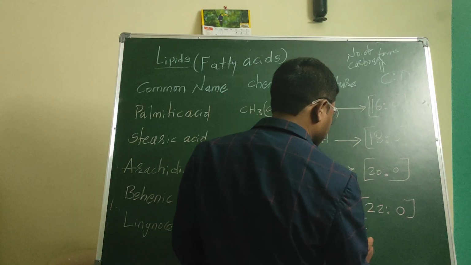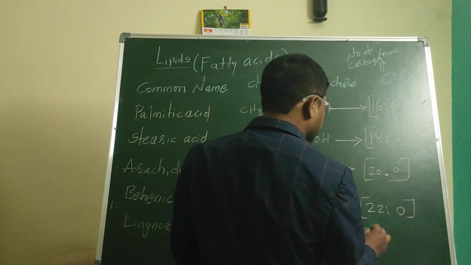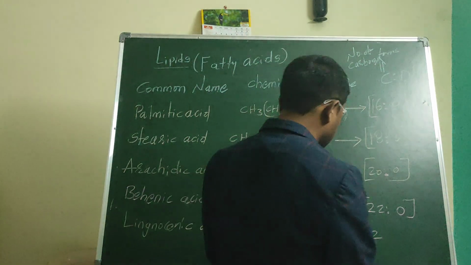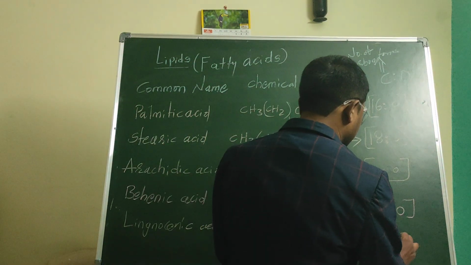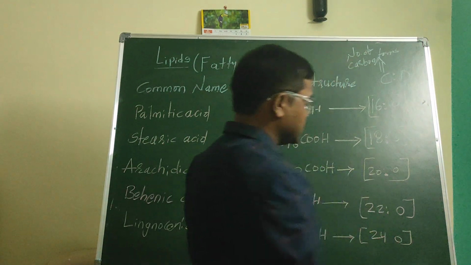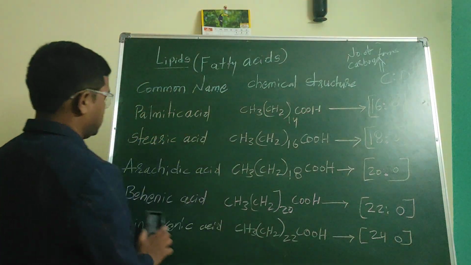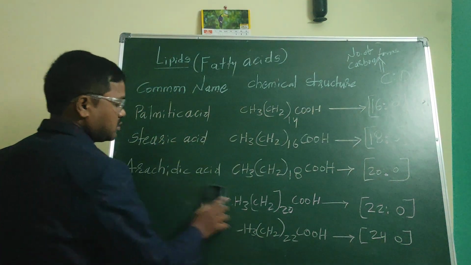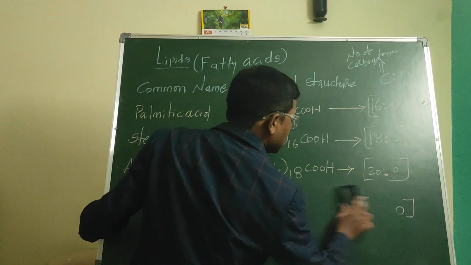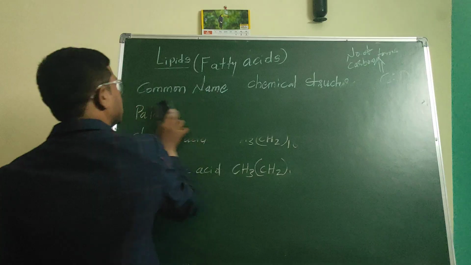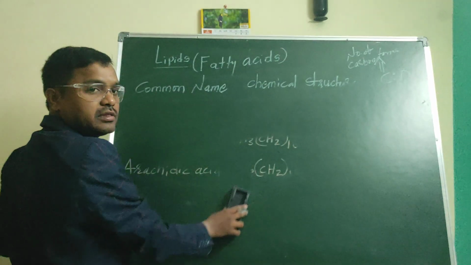Number of carbon atoms is 24. Number of double bonds is 0. These are all saturated fatty acids.